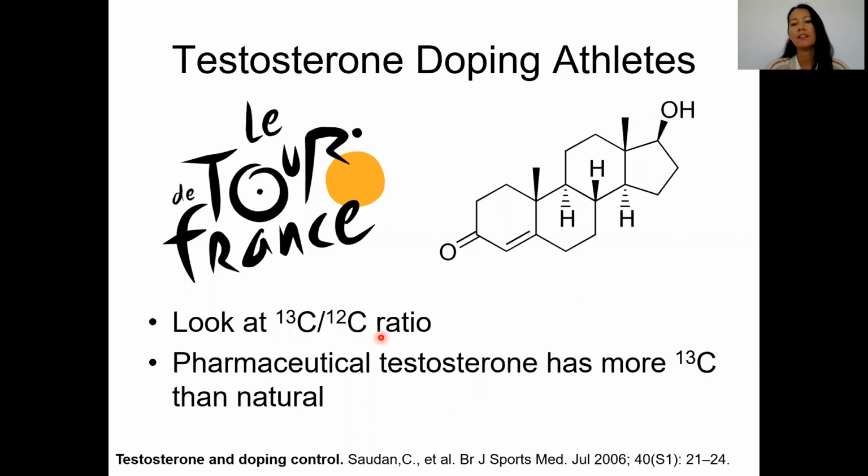The reason is, if he bought some pharmaceutical grade, that would be different than the one that the body produces. The pharmaceutical testosterone has more of the C13 isotope than the natural one that's normally found in people's bodies. So they did find that he had an elevated C13 to 12 ratio, and that's how they caught him for doping.